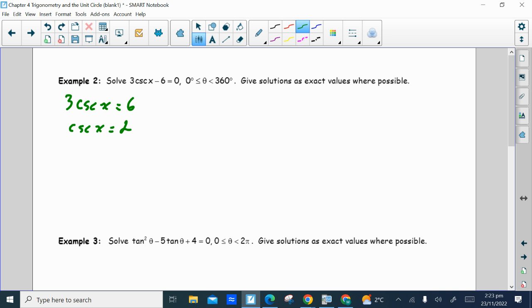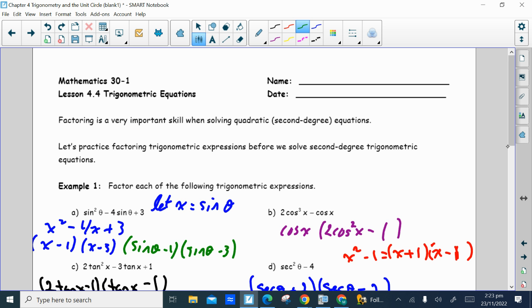And because we don't have a cosecant button on our calculator, we always convert it into the primary trig function. The reciprocal of cosecant is sine, and the reciprocal of 2 is a half. So now we want to see where the sine of x equals positive 1/2.